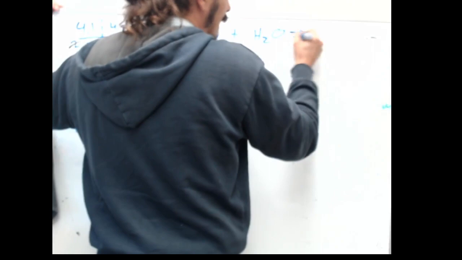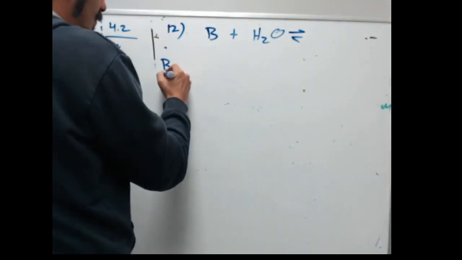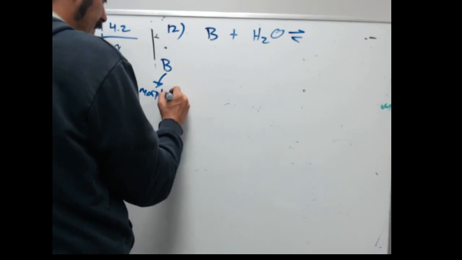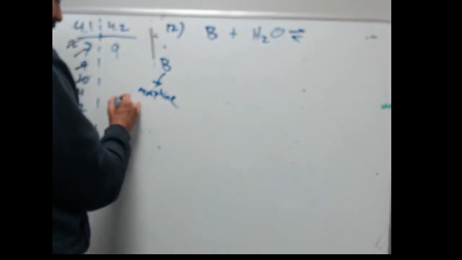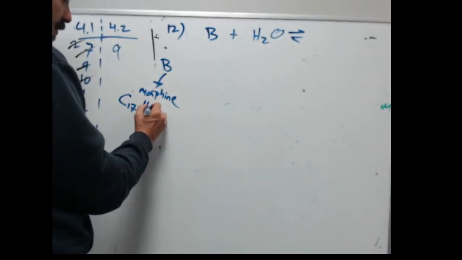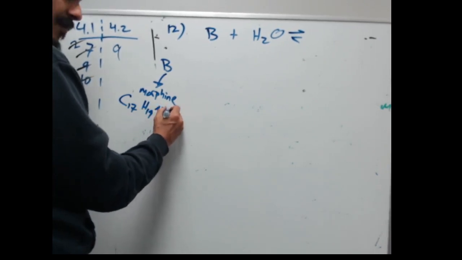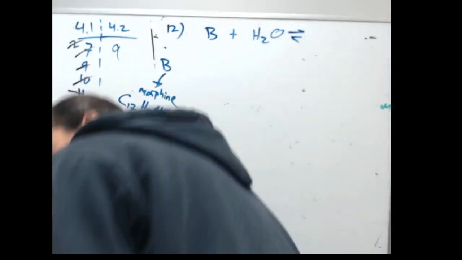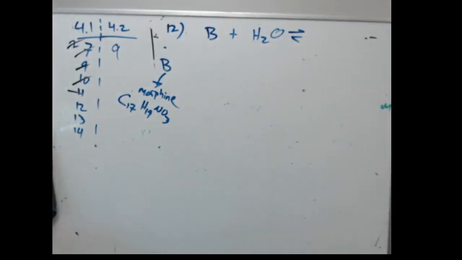In this case, B is morphine. It's got the C17H19NO3. I'm really curious about the structure now, because anytime I use a shortcut, I like to look at the structure. That's not great.